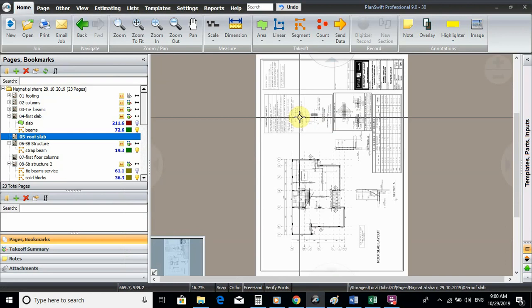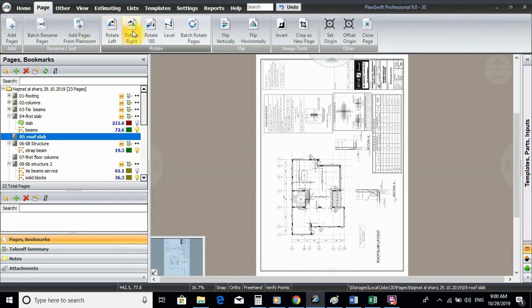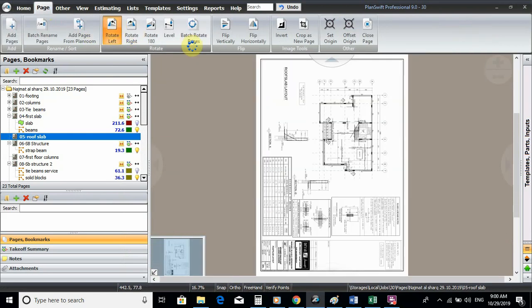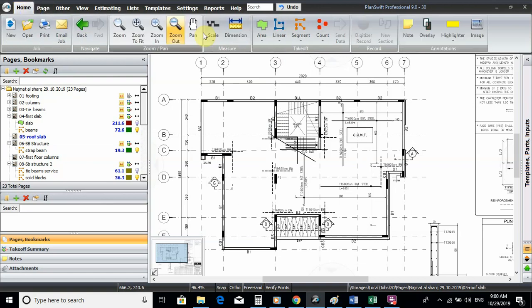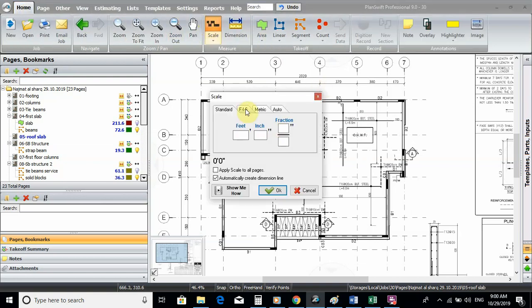Let's go to the roof slab. Adjust the page. See how easy and straightforward the process is? It's very easy. Just scaling operation 4.4.